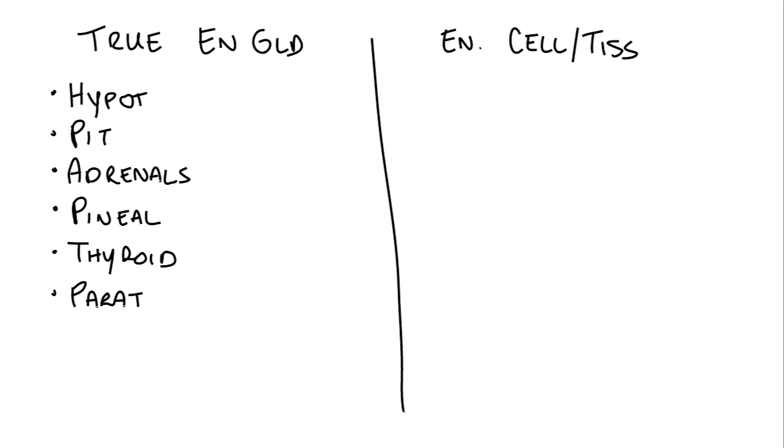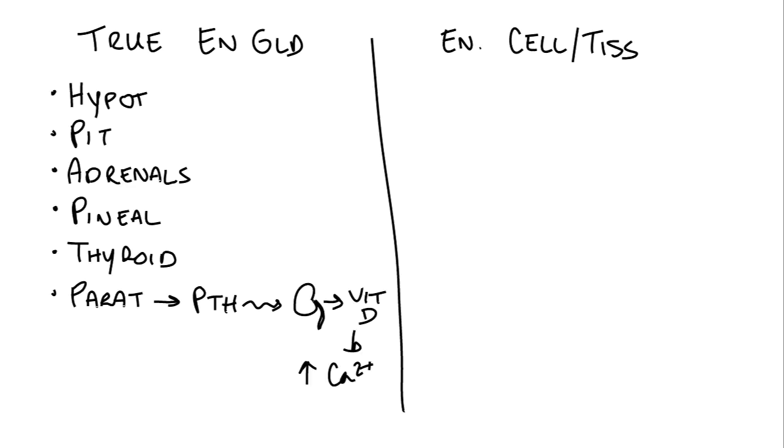Parathyroid makes parathyroid hormone, which then travels to the kidney to make vitamin D, which then goes to increase calcium absorption. Okay, calcium absorption.